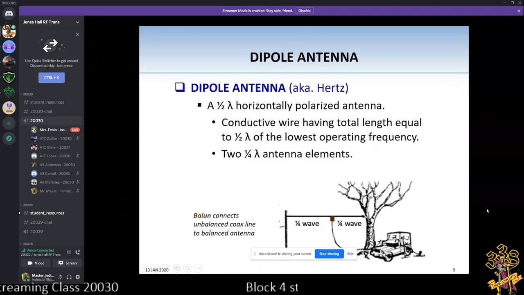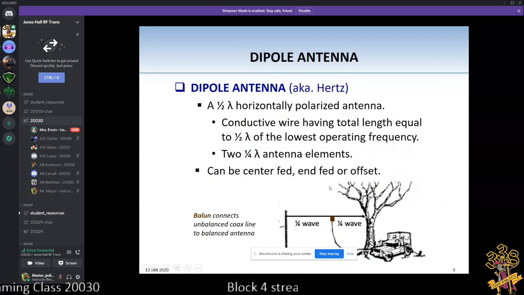A dipole antenna, it's called a dipole because it's got two poles. Look here, can y'all see my arrow? Yes, ma'am, I can. I wish I could make it bright fluorescent pink or something, but anyway, this is a half-wave antenna. It's a half-wave dipole antenna. So look here in the middle, there's your balun.